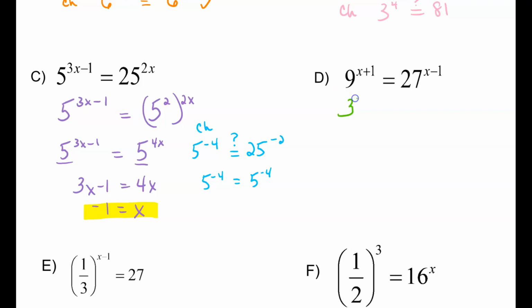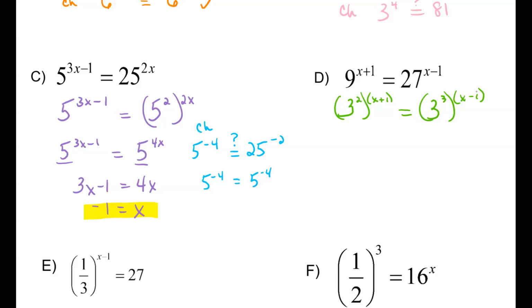So 9 we will restate as 3 squared being raised to the x plus 1 equal to 27 we will restate as 3 cubed to the x minus 1. One more piece we have to be careful with here is, again, the power to power rule means to multiply, but x plus 1 is a quantity, so what do we have to do?